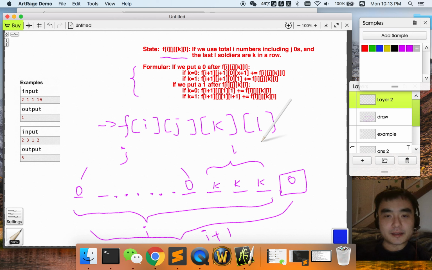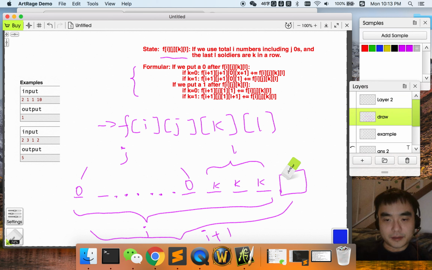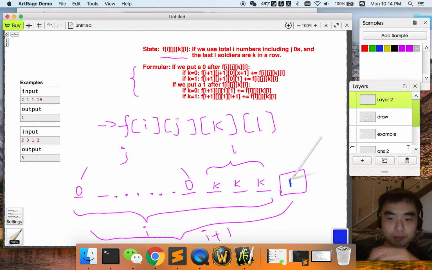And we can move on. So what if we put a 1 after this state? What happens? Let's see. So we remove the 0 here and add a 1 here, right? So what if we put a 1 here? Then if k equals 0, that means these L numbers are 0, right? And the state transfers to i plus 1.